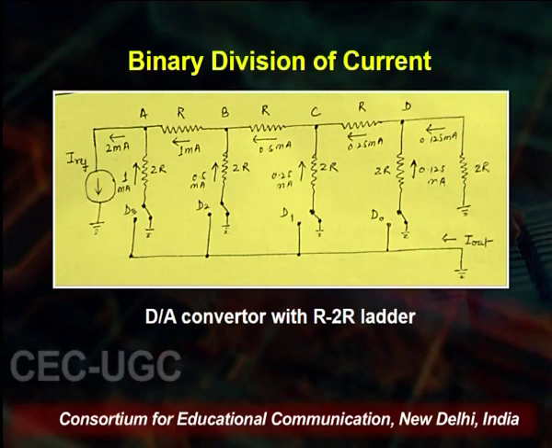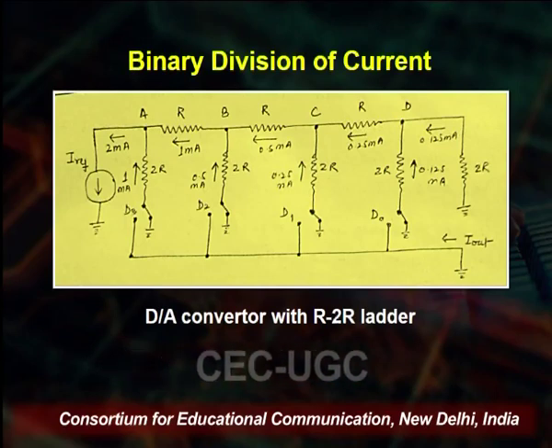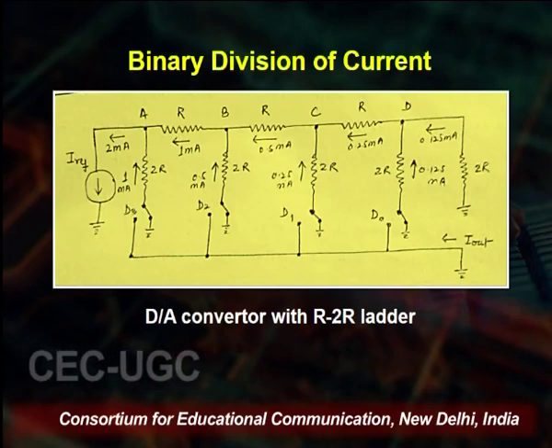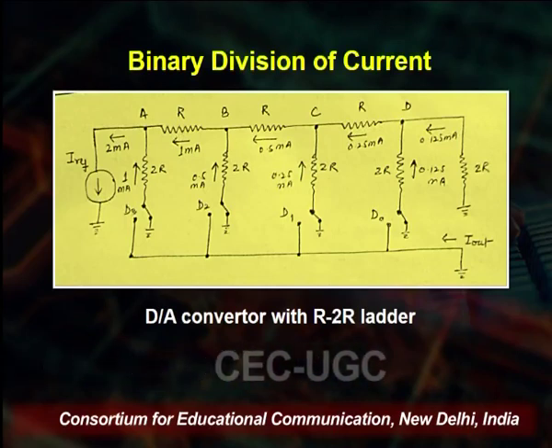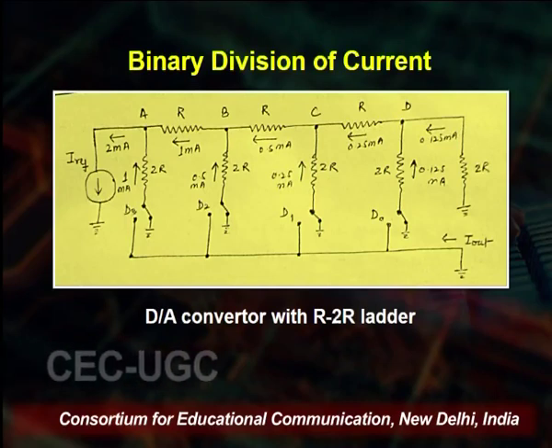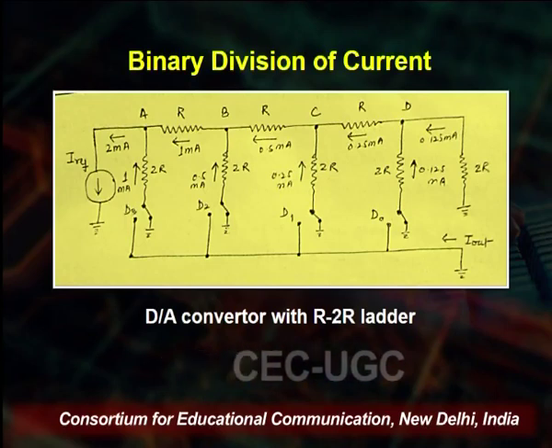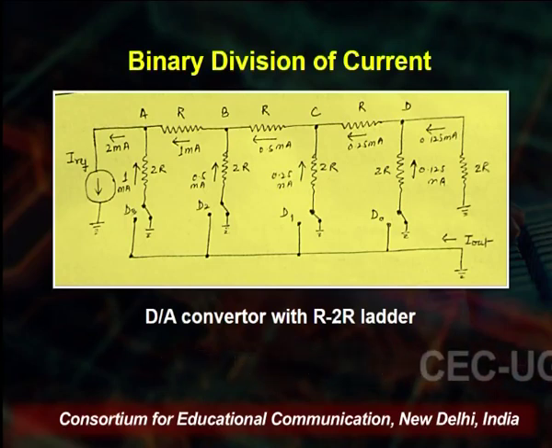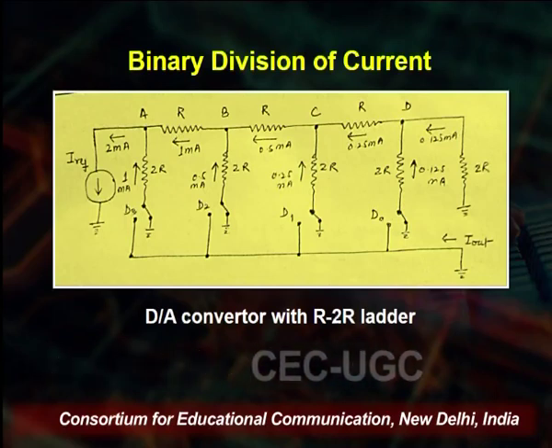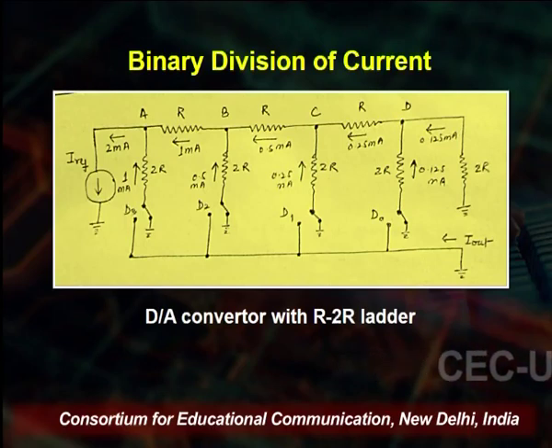Looking at the right hand section of the screen, we see that we have a 2R resistance ending the ladder. This 2R resistance is in parallel with the branching 2R resistance at node D. Now, 2R and 2R in parallel give you R. Hence, the branching resistance going downward at D became R due to the parallel combination of 2R resistances.